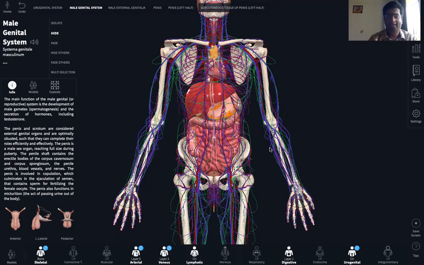Most of this tissue fluid enters into a second system of circulation, which is called the lymphatic system. The green colored channels that you see throughout are the lymph vessels. The purpose of the lymphatic system is basically to ensure the drainage of all the tissue fluid back and ultimately mix it with the blood. So it does not allow the tissue fluid to accumulate. Otherwise, that can lead to edema.